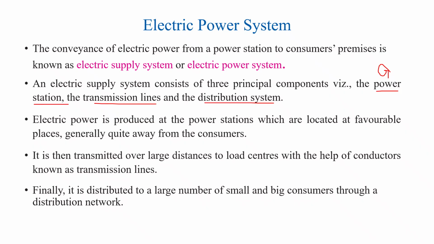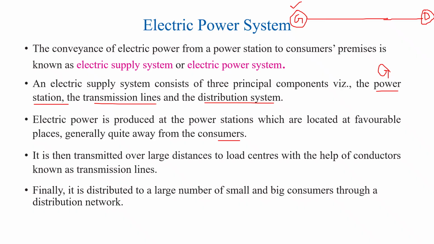Electric power is produced at power stations, and these power stations are located at favorable places, generally quite away from the consumer. Just by a single line diagram, if I show, the generation of power is somewhere here and the distribution is somewhere here. Let me write this as D. So it is generated from a very far off place from the distribution point of view.